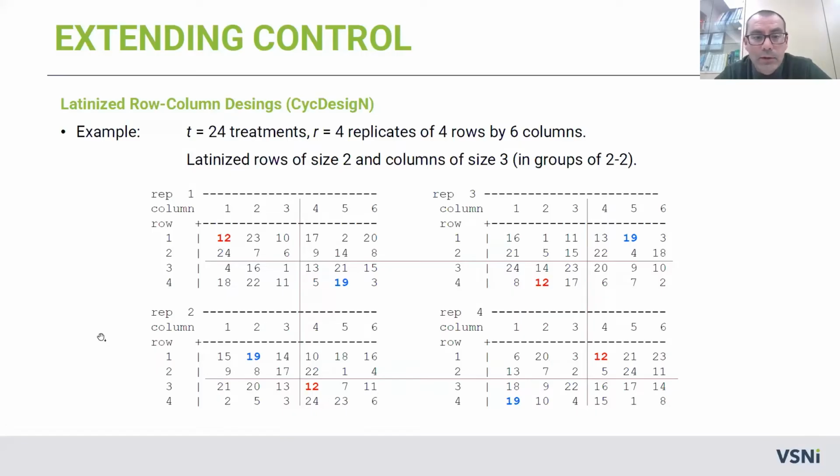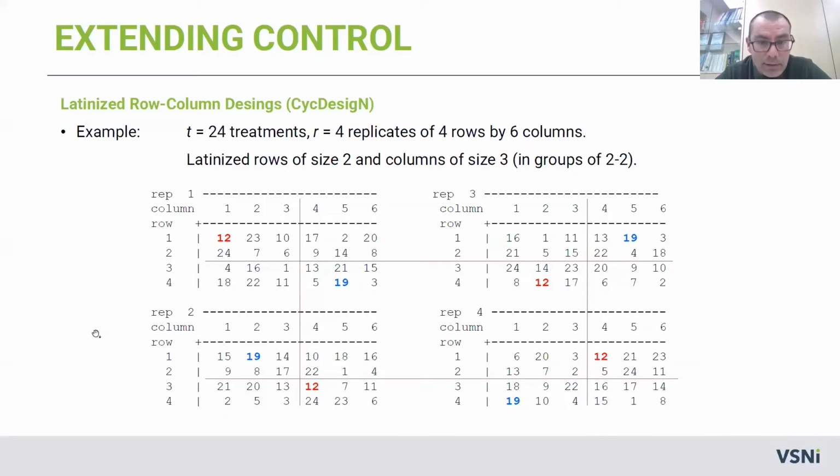So you will always find one copy of 12, one copy of 12, one copy of 12, and one copy of 12. So this is a Latinized experiment, and you can see now 12 is on the top left, 12 is on the bottom left, 12 is on the bottom right, and 12 is on the top right, in all these corners there. So you can see this looks a lot more appealing, and it's the same for every single treatment.